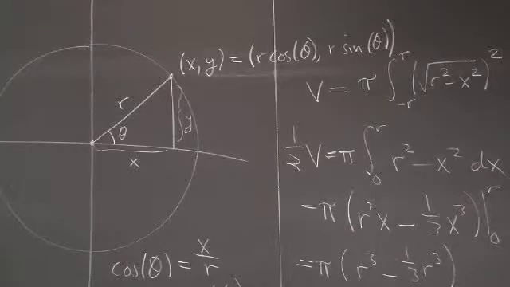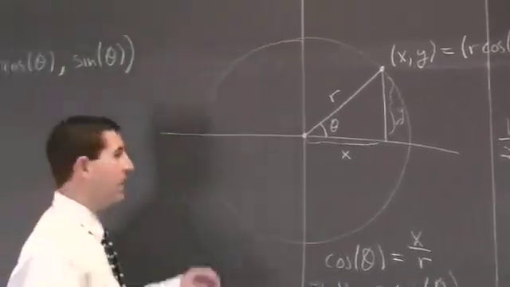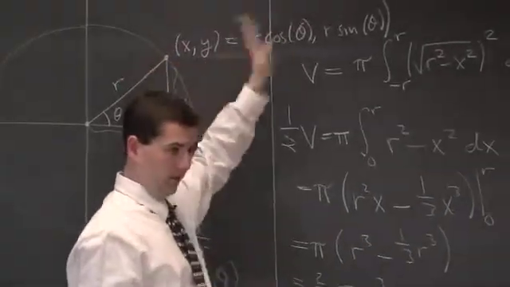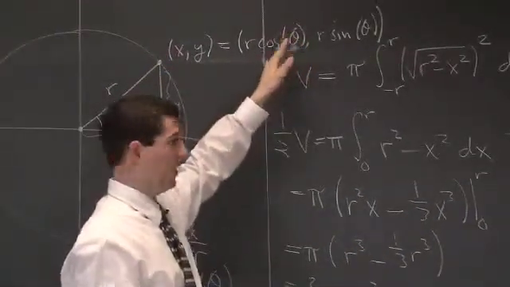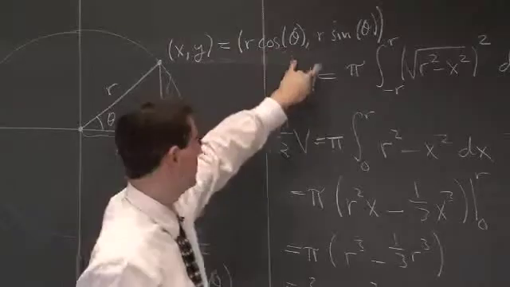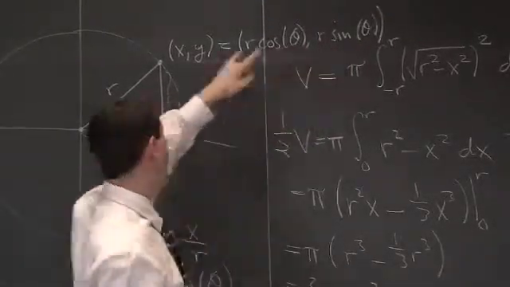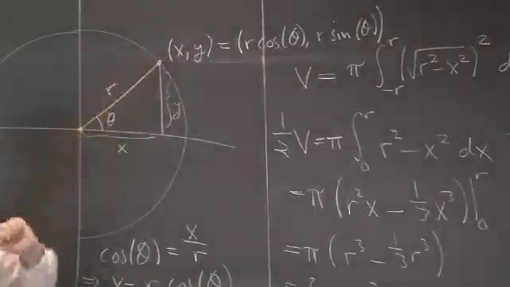Now, what's really nice on this right side is that if I tell you what r is and I tell you what theta is, then you can compute the cosine of theta, you can compute the sine of theta, you can multiply them by r, and now you know exactly what point you are in the plane.